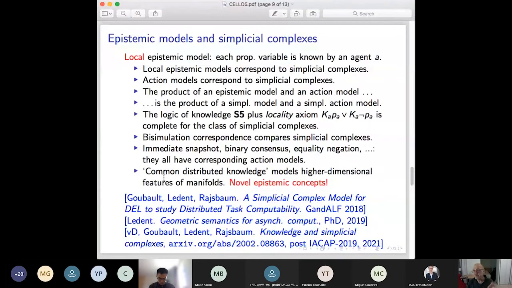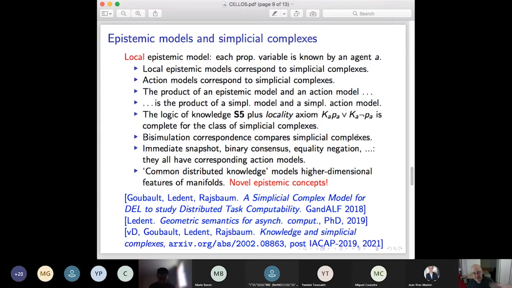Well, if you really think about knowledge and change of knowledge, you can determine that these structures of simplicial complexes and epistemic models are really one-to-one. You can determine a complete axiomatization for this system, which is the well-known logic S5, plus one additional axiom that says that every agent knows its own value.